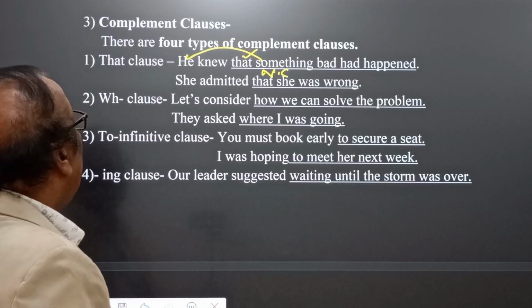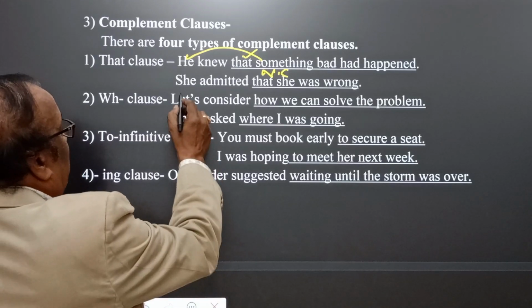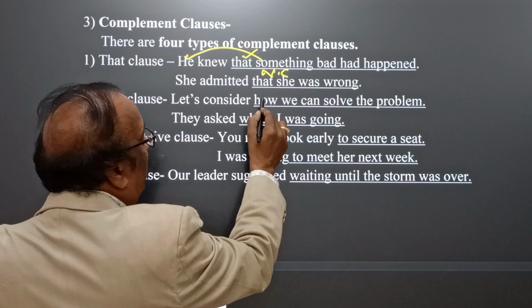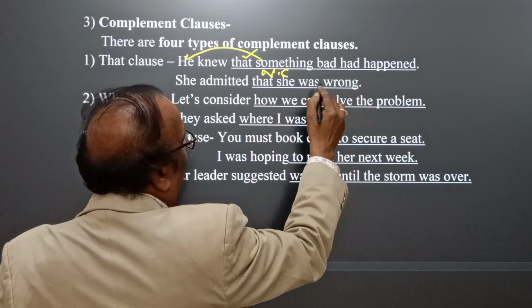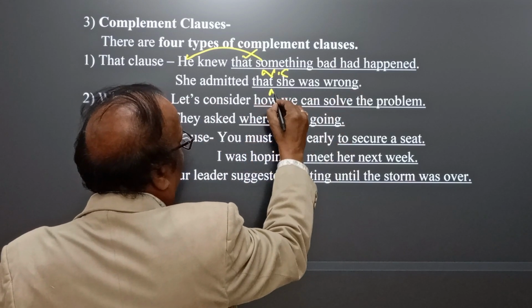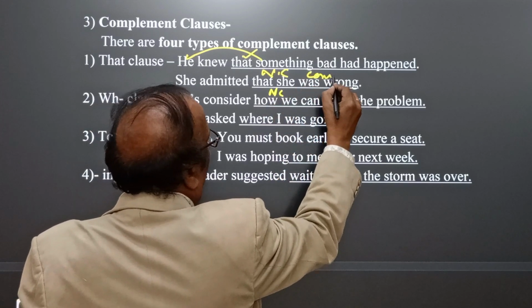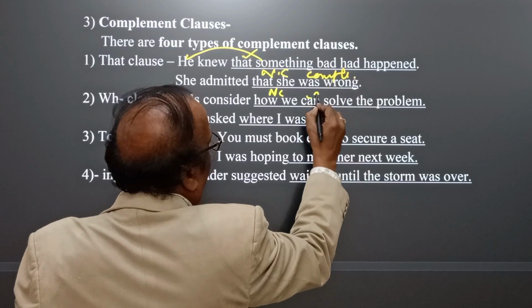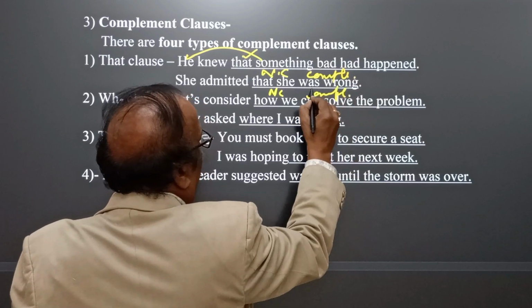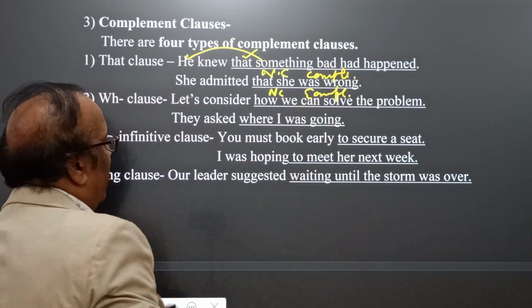And another example, she admitted that she was wrong. That she was wrong is a noun clause, and here that is complement. And here we find complement, noun clause, complement.